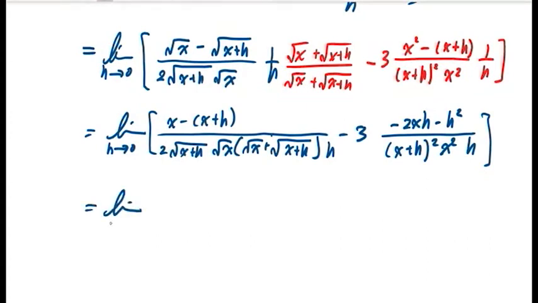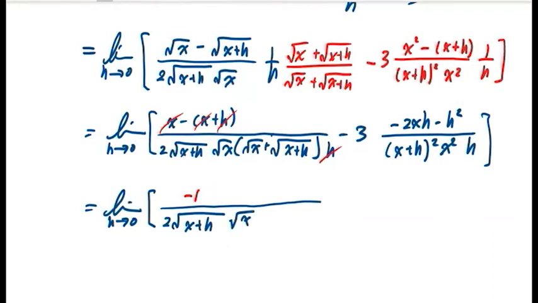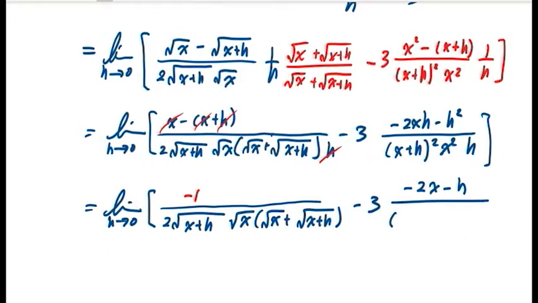So the limit as h approaching 0, x cancels. Okay, let's be careful. If you cancel like this, this cancels that, and this cancels that. And then very important, -1. You get it? That's the most common mistake. You can do this, except do it at your own risk. Like that, minus 3, and this gives you negative 2x minus h.